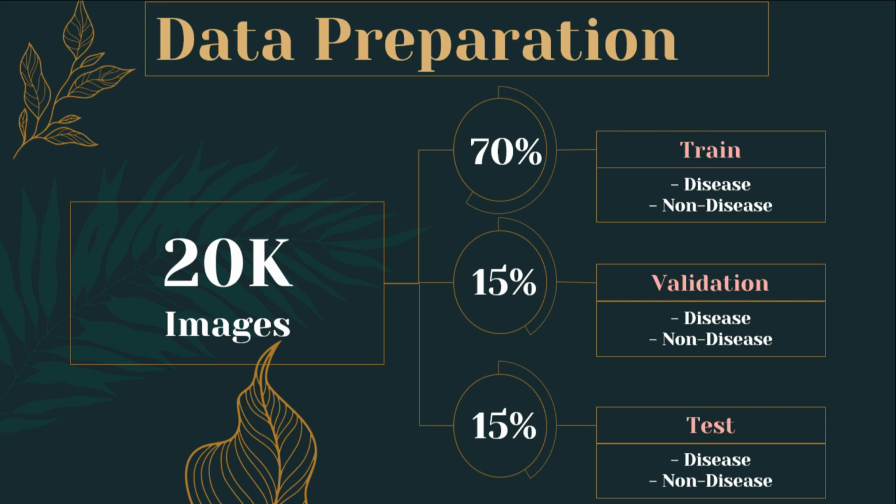Train contains 70% of the data from the 20K images, and validation and test were equally distributed, 50% of the remaining images each, from the main resource. Each of these sets will have two subfolders, disease and non-disease.